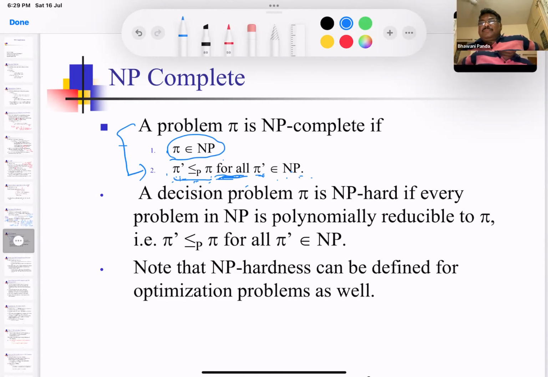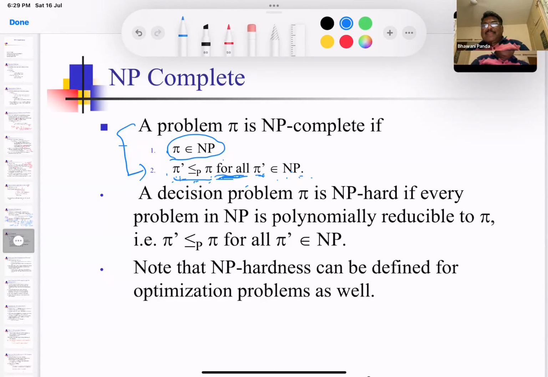To show NP completeness, this is the definition. You have to show that every problem in NP reduces to it, otherwise we cannot say.